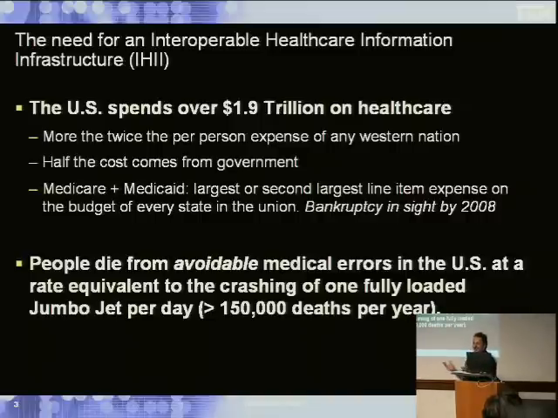So we already have a government healthcare for some of our population, and it costs about $1 trillion a year. One could, for instance, transform that into the healthcare system of Canada without raising taxes, if you wanted to. I'm not advocating it. Today, Medicare and Medicaid make up the largest or second largest line items on the budget of every state of the union because the dollars flow through the states.